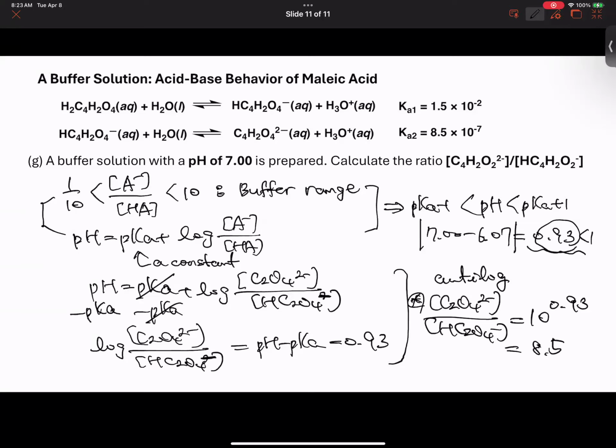Okay. So this is a very important property. Buffer is very important in biochemistry. When we apply our chemistry concepts to understand the property of life, in the medical field or biochemistry, microbiology, biology, we need to make a buffered solution.